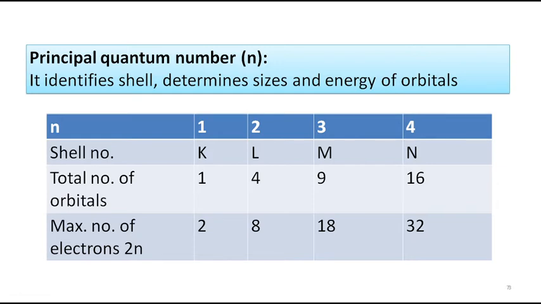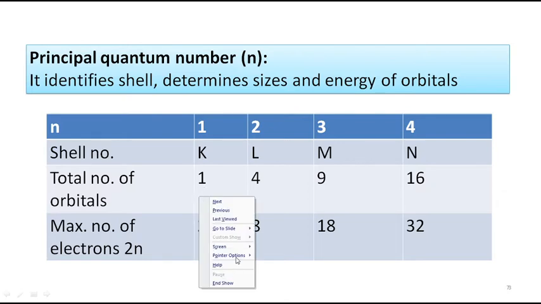Okay, so each orbital can accommodate a maximum of 2 electrons. So I told you s orbital, 1, means only 1 s orbital it contains. So it can accommodate a maximum of 2n electrons. Got it? 2n electrons. N means the total number of orbitals it has. So this contains only s.